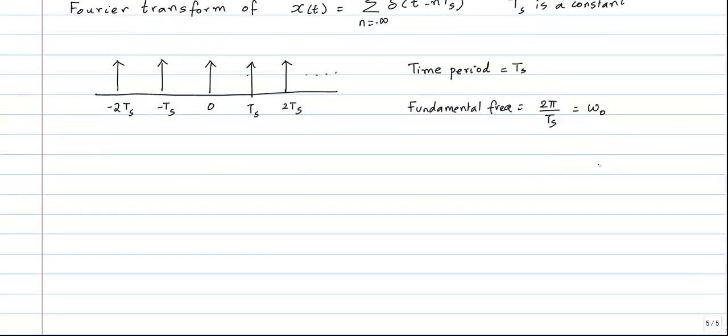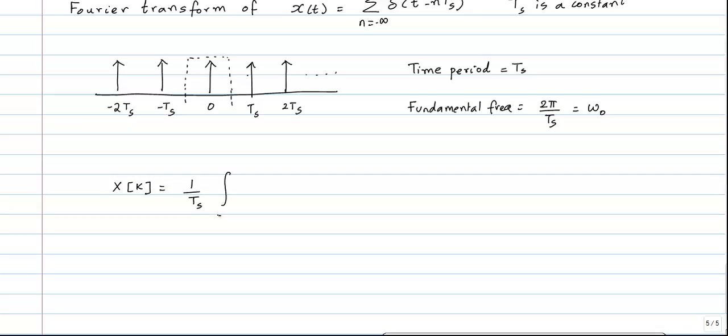Now how do we find the Fourier series coefficients? Well, we can take any one time period of this signal. In this case, it seems easy to choose this one time period that goes between negative ts over 2 and positive ts over 2.